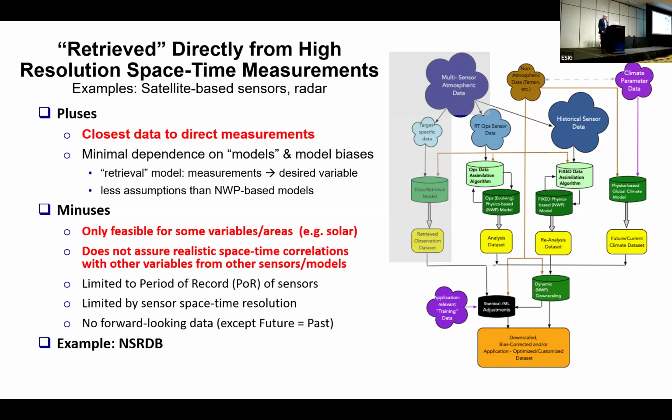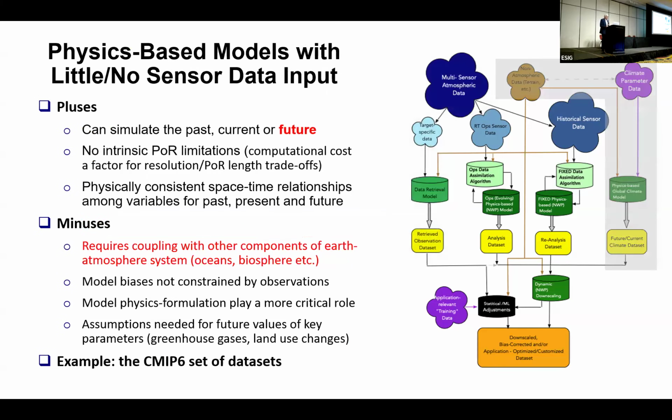And the important thing here also is that it's not assured that you'll have realistic space-time correlations with other variables, as now you don't have consistent measurements, and you don't have a model that binds all the data together. So now if you take solar radiation from one data set and wind or temperature from another, they may not have consistent attributes.